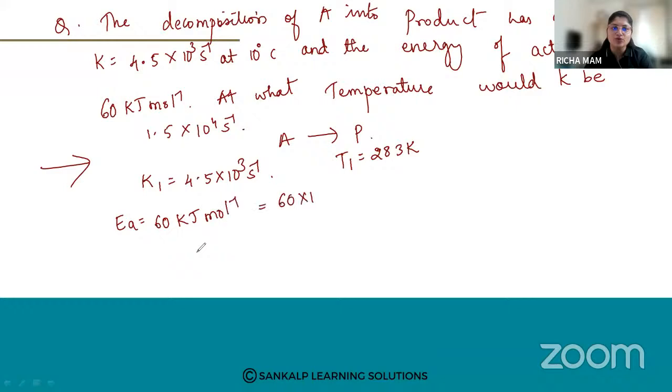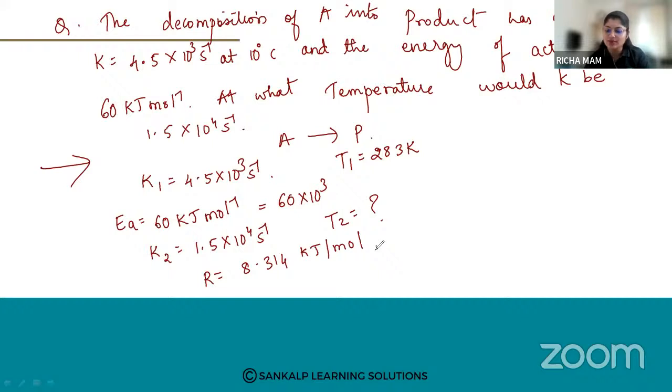K2 is 1.5 into 10 raised to 4. Find your T2. The R value, you know, is 8.314 joule per mole per Kelvin. Okay, put all these values and see how much you are getting.